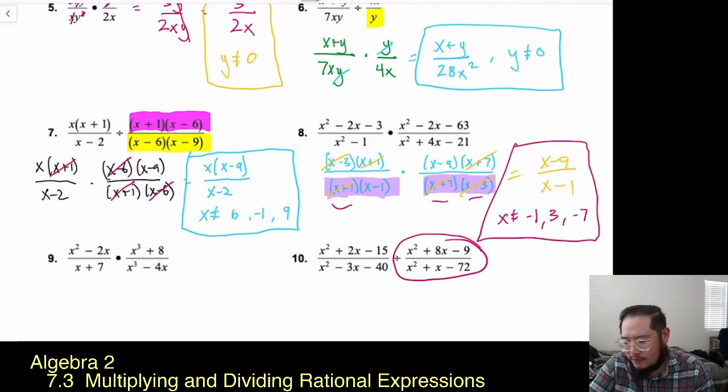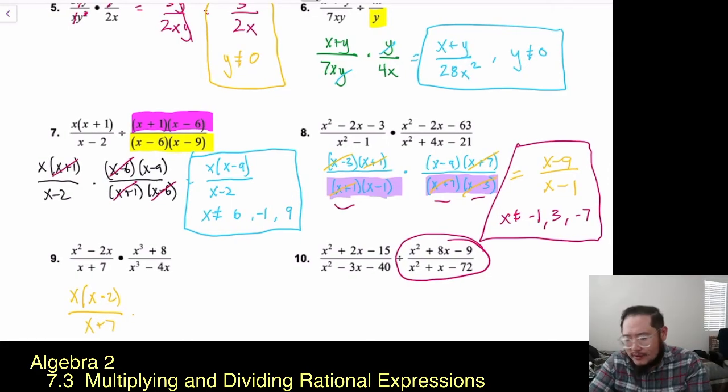You could see what we could factor out. I could factor out an x, so I got x minus 2. The x plus 7 stays there. In our numerator, we've got ourselves, this one right here is another special factor, the sum of two cubes. And so remember, I could take the cube root of the first term, which is x, the cube root of the second term, which is 2.